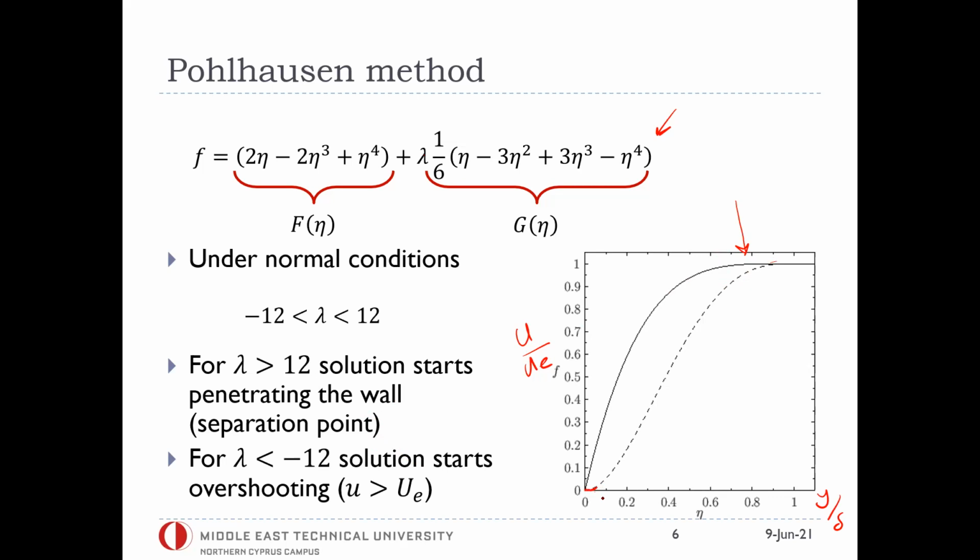On the other limit, if lambda value is less than minus 12, then the solution is not physical anymore. It starts overshooting, which means that U will be larger than Ue, which is of course not realistic, because that doesn't satisfy our physical condition.